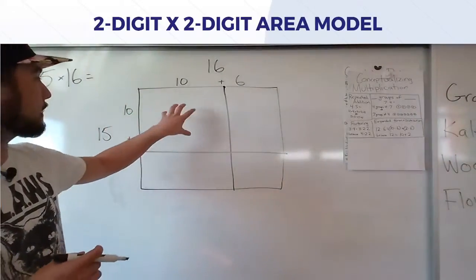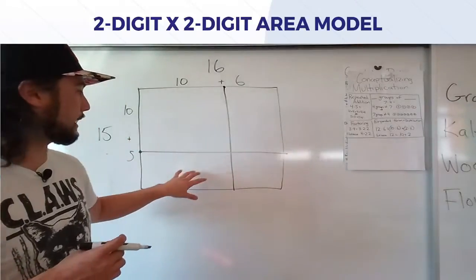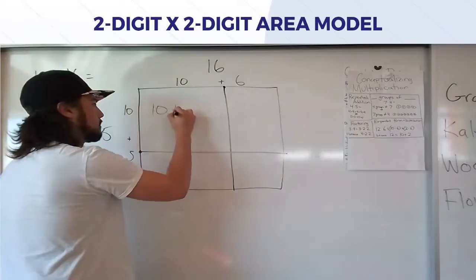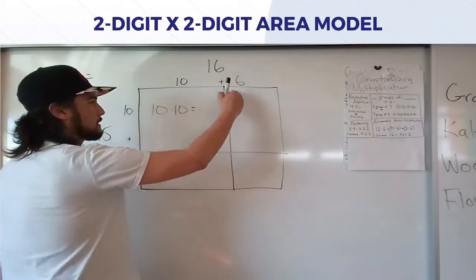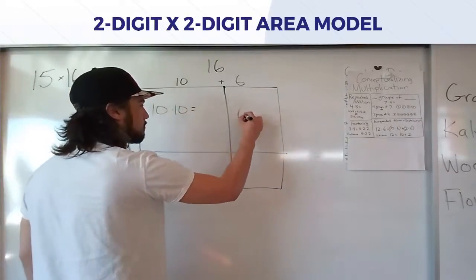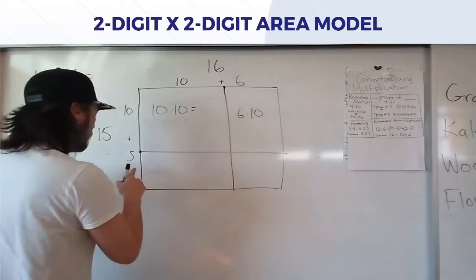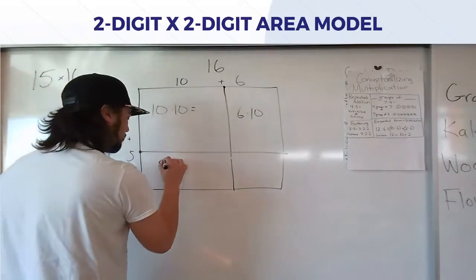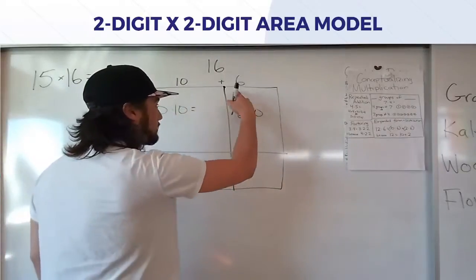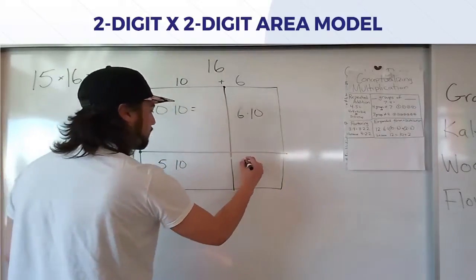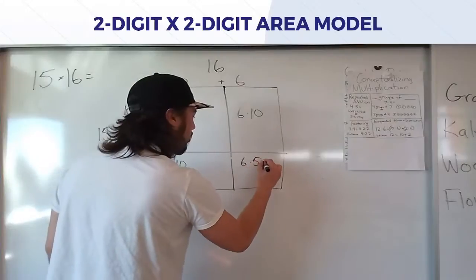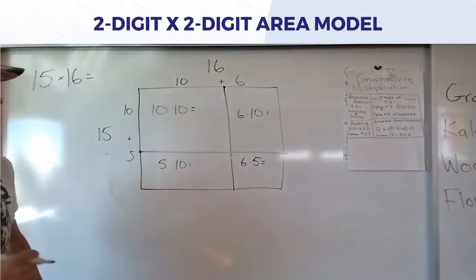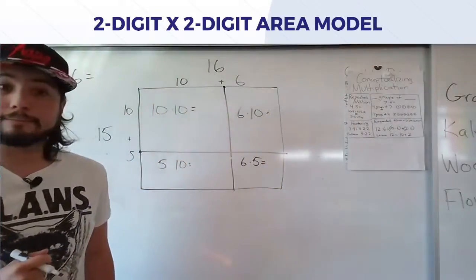So if you were to find the area of these four rectangles, one that's 10 by 10, one that is 6 by 10, one that is 5 by 10, and then one that is 6 by 5, and you added up all the areas of these four partial products, you would get the area of the whole thing.